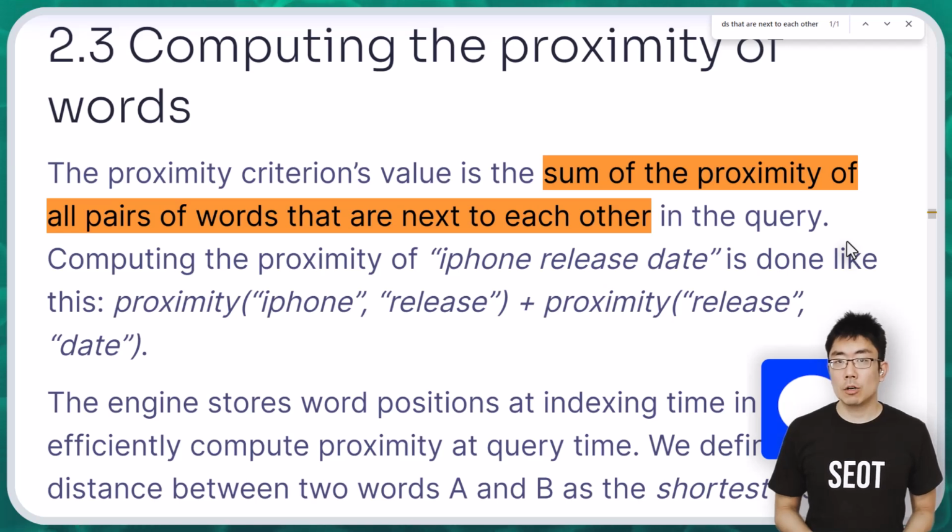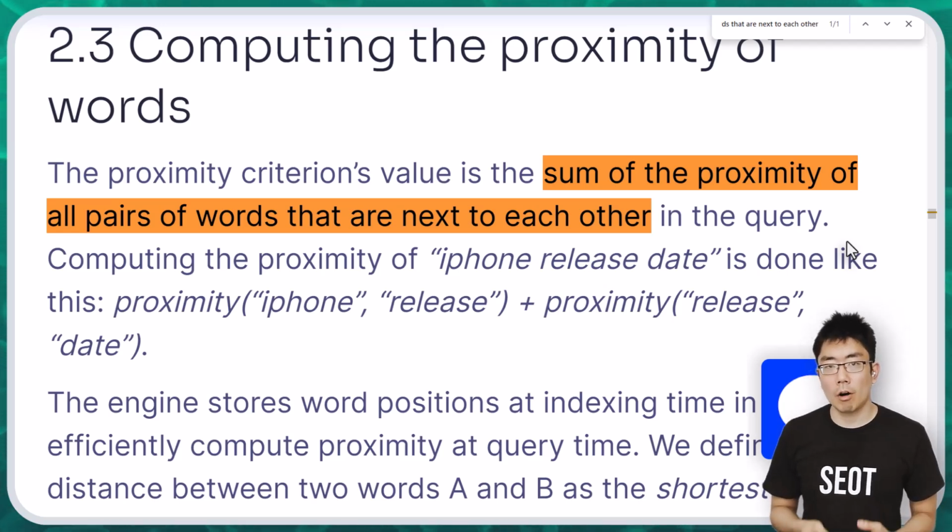In this case, the Algolia blog says the proximity criterion's value is the sum of the proximity of all pairs of words that are next to each other.